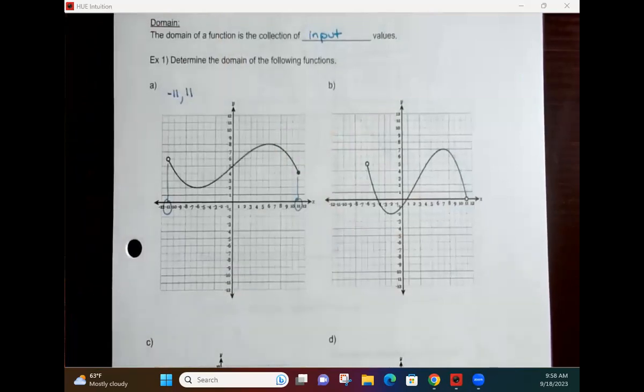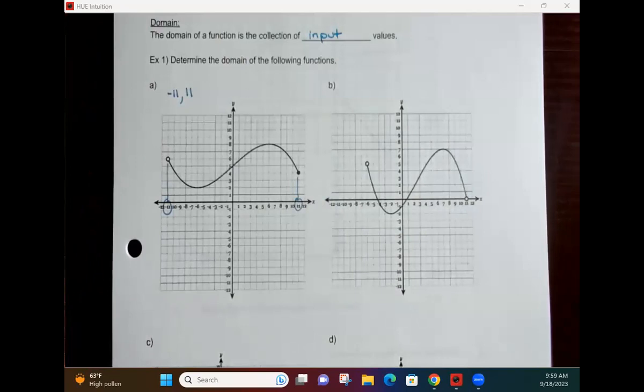And then when we're talking about domain, we need to be very careful with what values we are including and what values we are not including. So do we see here how at -11, we have our smallest x value, we have an open circle? Okay. If it's an open circle, do I actually get to use -11 as a value?